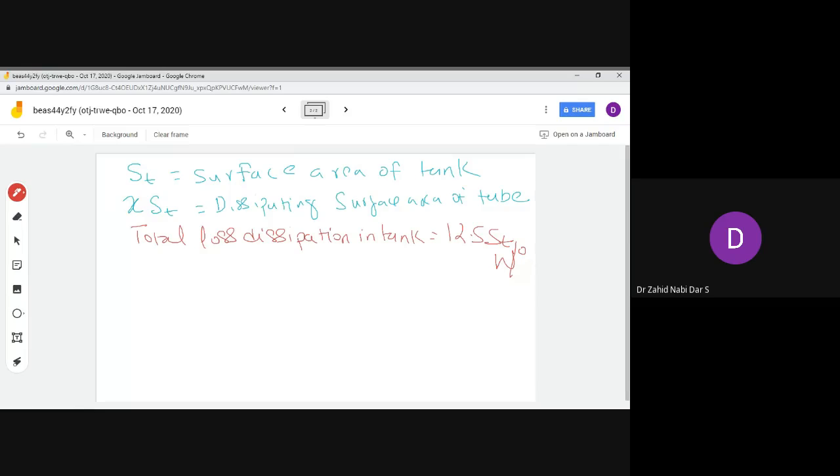Now when you are taking the tubes into consideration, by the positioning of the tubes, the dissipation due to convection gets improved by sometimes 35%, sometimes 40%. Usually we consider it as 35%.